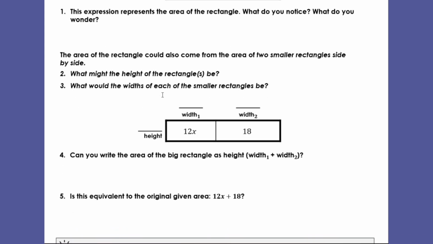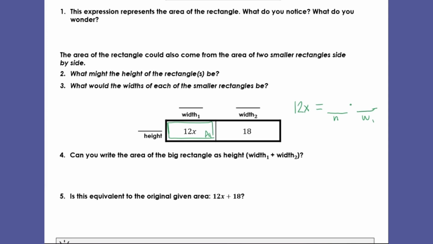So when I scroll down, it shows how this big rectangle that had an area of 12x plus 18 was split into two smaller rectangles, where the first rectangle had an area of 12x, and we don't know what the height is, and we don't know what the width is.